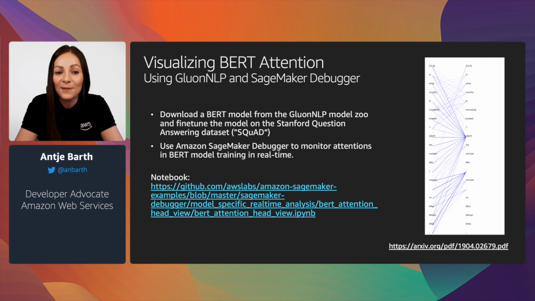So in the notebook, we're downloading a BERT model from the Gluon NLP model zoo, and then fine-tuning the model on the Stanford Question Answering Dataset, SQuAD, which is also a popular benchmark in NLP. We then use Amazon SageMaker Debugger to monitor attentions in the BERT model training in real time. So really exciting, highly recommend you give it a try yourself later.